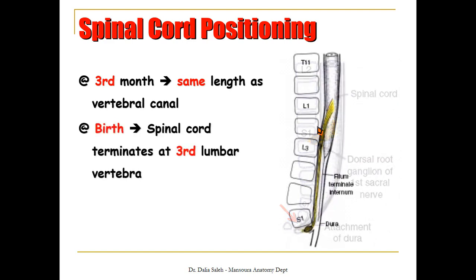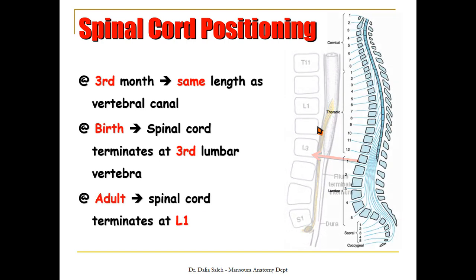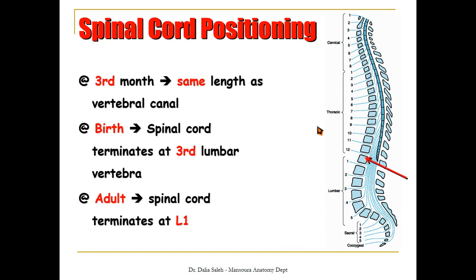At birth, the spinal cord terminates at the level of the 3rd lumbar vertebra, because the vertebral column grows faster than the spinal cord. At the adult stage, the spinal cord terminates at L1, or sometimes at the disc between T12 and L1.